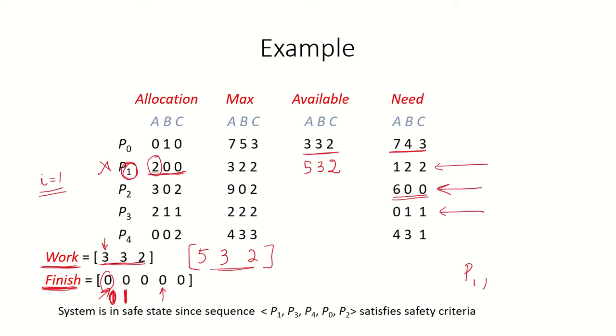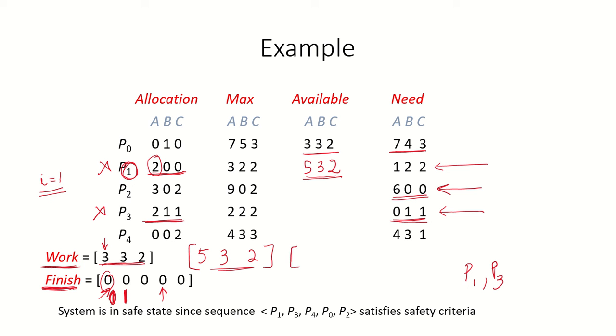So we are over here, finish is 0, its need is less than the available. So this is the next process to which we can allocate the resources and it can be run and executed. So we allocate resources to P3 and after P3 has completed, it will release the resources which were allocated to it, and so the available or the work vector will be updated.